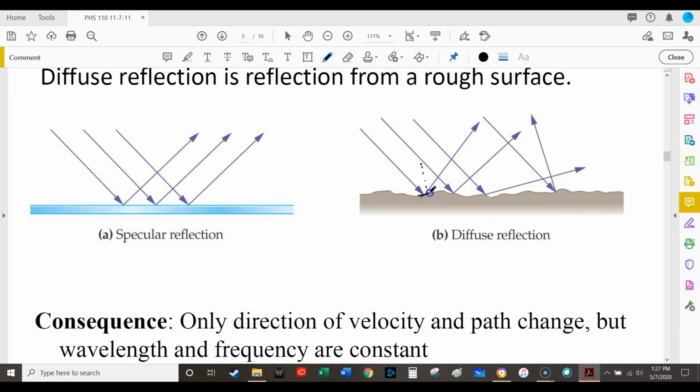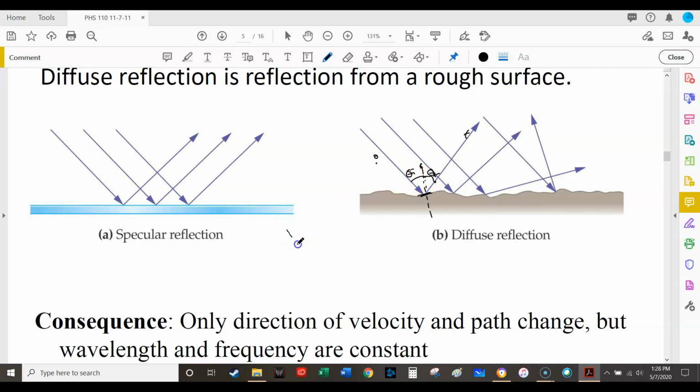So if I drew the interface right there, and I'm drawing the normal, so I'm looking at this incident light ray and this reflected light ray right here, and you'll notice that the perpendicular I drew to that surface at that point, the incidence angle is equal to the reflected angle, right?